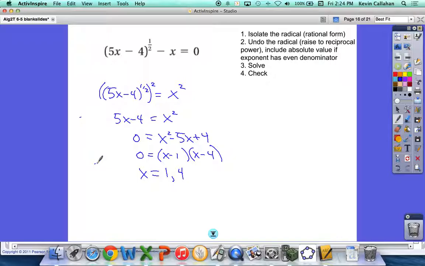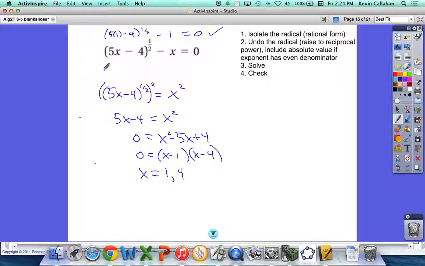So let's check, right? And we can do it here. 5 times 1 minus 4 to the 1/2 minus 1 equals 0. Well, 5 minus 4 is 1. What's the square root of 1? 1 minus 1 is 0. That's a check.